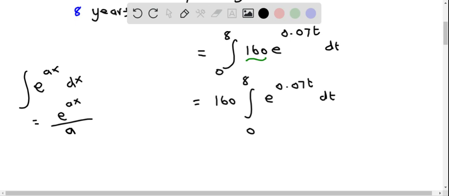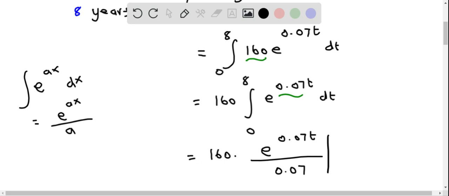So here we know that a equals 0.07. When we use this formula, we will put this constant first, and then e raised to the power of 0.07t divided by a. A here is 0.07, and this has to be evaluated from 0 to 8.